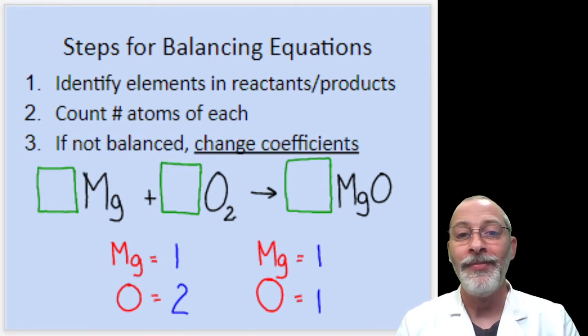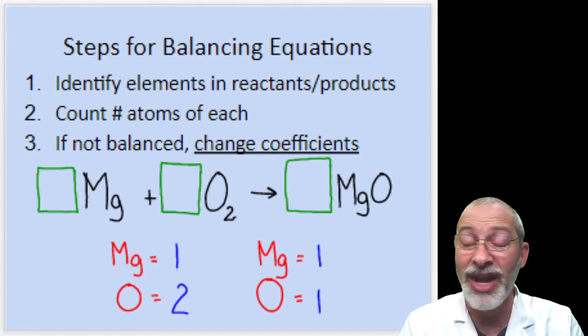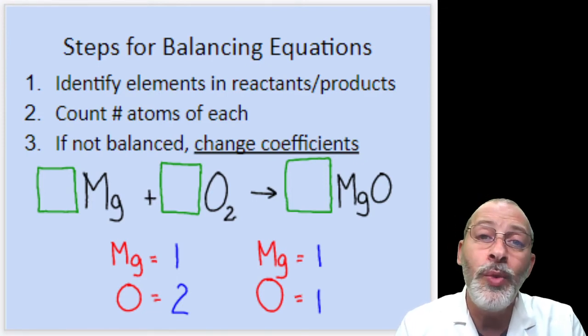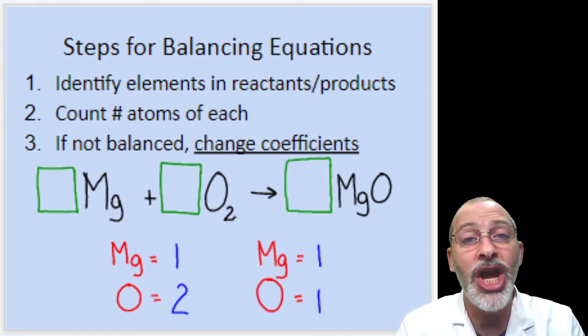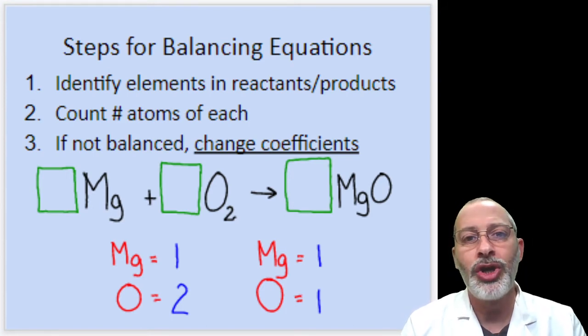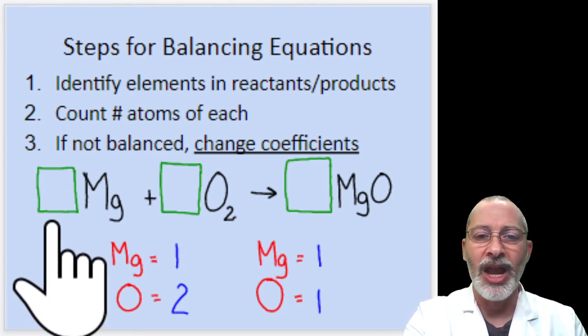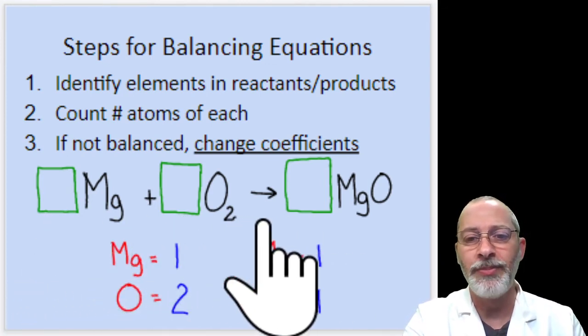Step 3. If it is not balanced, which we have seen it is not, the only thing we can do is change coefficients. Now remember, I said earlier I put lines in front of the pure substances.